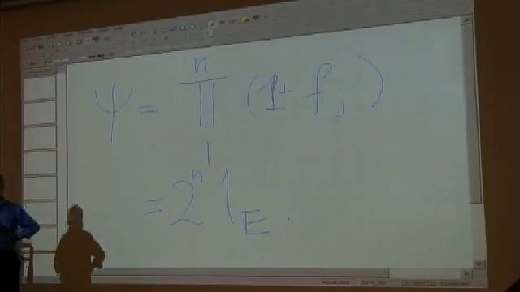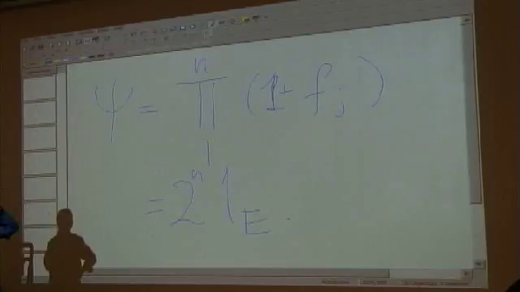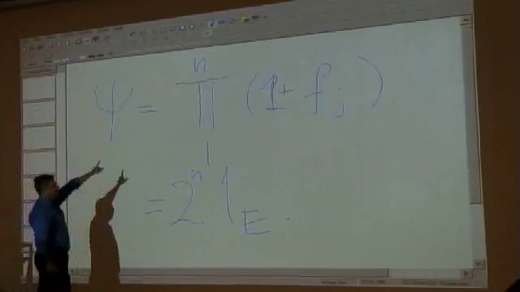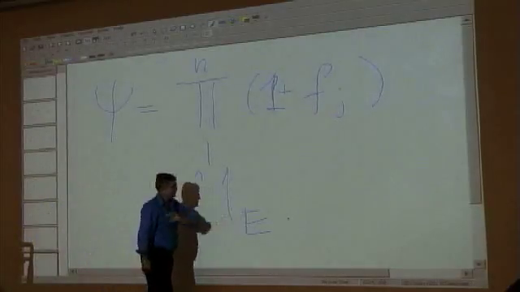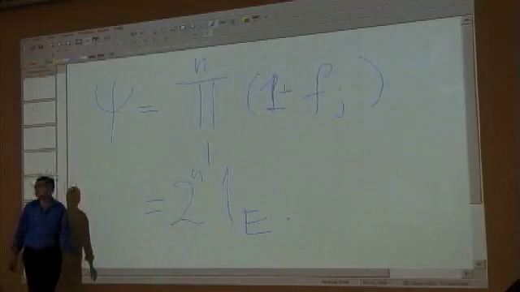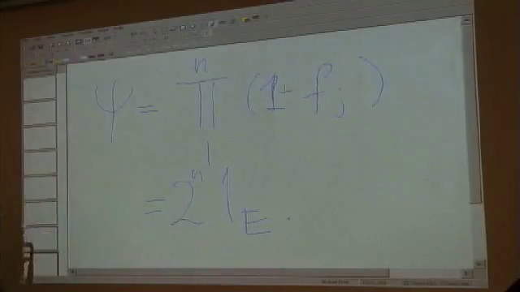The set E is the set where each f j is plus 1. And psi has integral 1, as we argued, so we know that this set has measure 2 to the negative n.